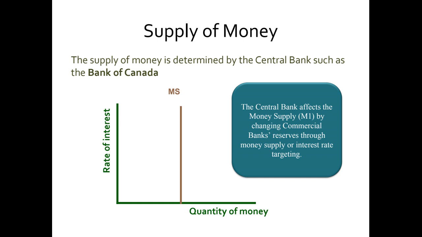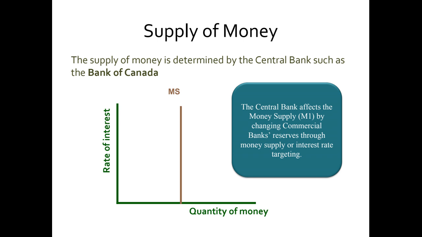The supply of money is determined by the central bank, such as the Bank of Canada. The central bank affects the money supply, M1, that is currency in circulation and demand deposits, by changing commercial banks' reserves through money supply or interest rate targeting.